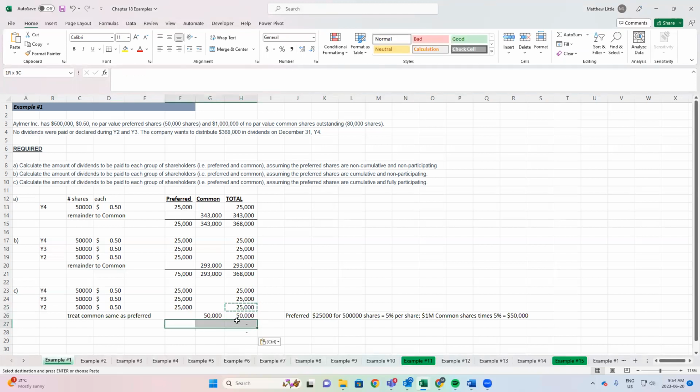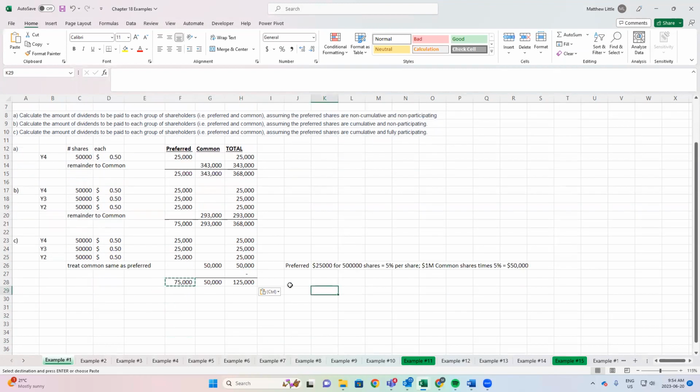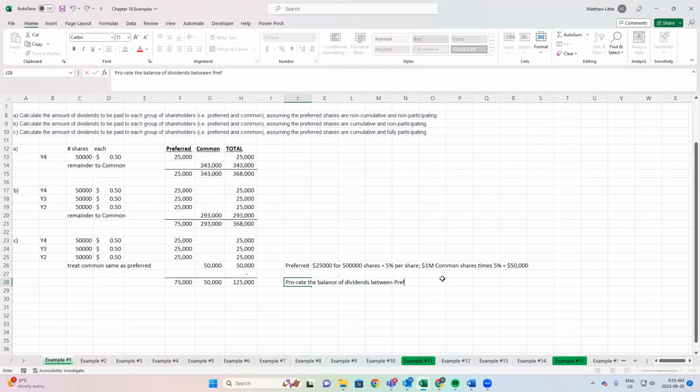So we need to figure out how to allocate the balance. Right now we've allocated 125,000 and we have a total of 368. In order to reallocate the balance, we have to prorate the balance of dividends, because they're fully participating, between preferred and common shareholders.